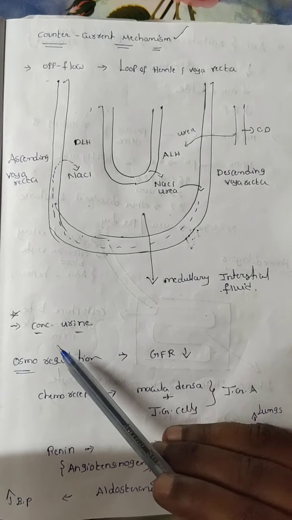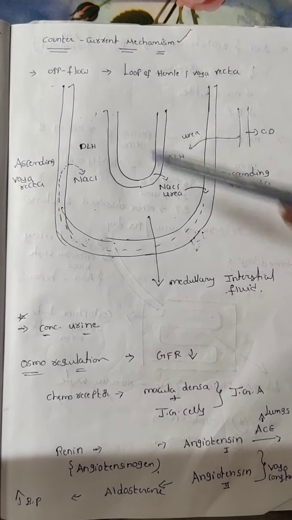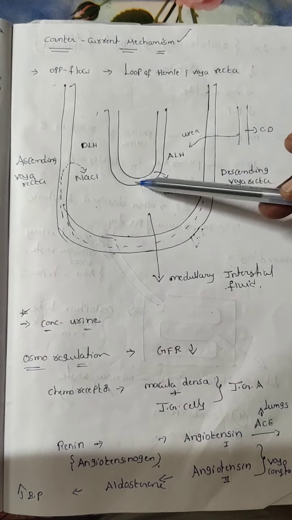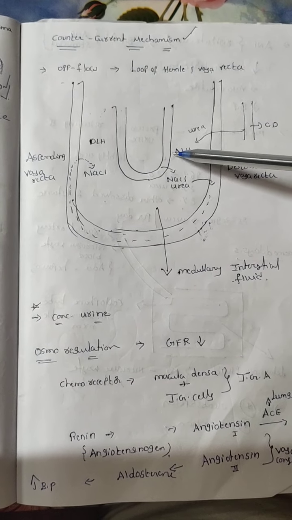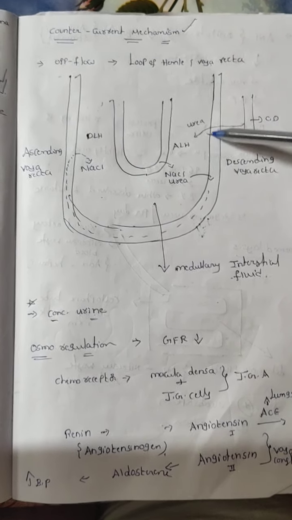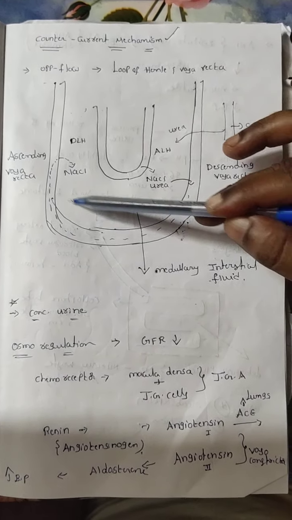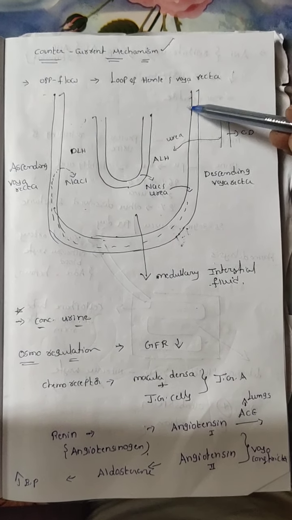Its main use is the formation of concentrated urine. Now this is the loop of Henle, this is the descending loop of Henle, this is the ascending loop of Henle. This loop of Henle is parallelly surrounded by a peritubular capillary, called the vasa recta.